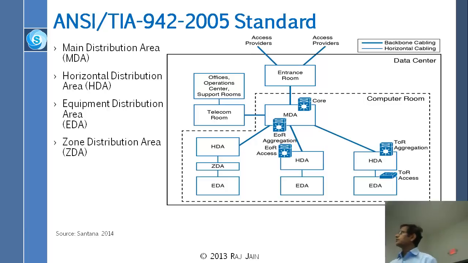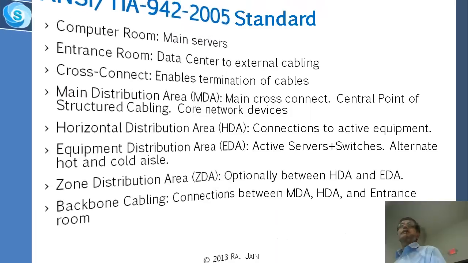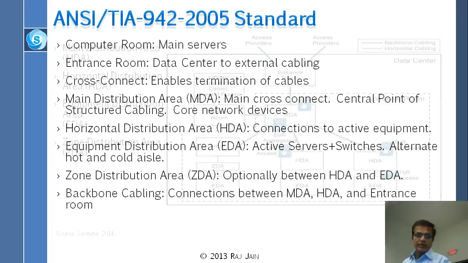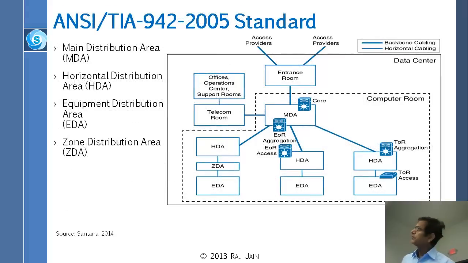So the summary of this slide is that the distribution is three levels: main, horizontal, and equipment. The zone is optional between HDA and EDA. And then backbone cabling is the connection between the HDA, MDA, and all those. Those are basically the backbone cabling. So these cables are backbone cables.